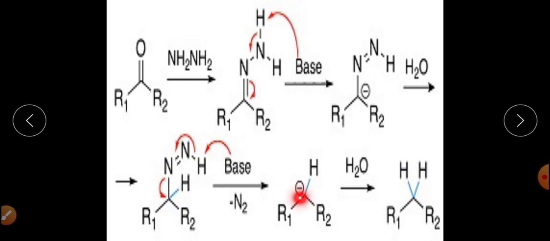After formation of this carbanion, it will again abstract H positive from the solvent and will get converted into the methylene group, that is CH2. So by this method we can convert our aldehyde or ketone into hydrocarbon, into alkane. So this is your Wolff-Kishner reduction, in which first hydrazone is synthesized, and after formation of hydrazone, the hydrazone will get converted into the hydrocarbon.